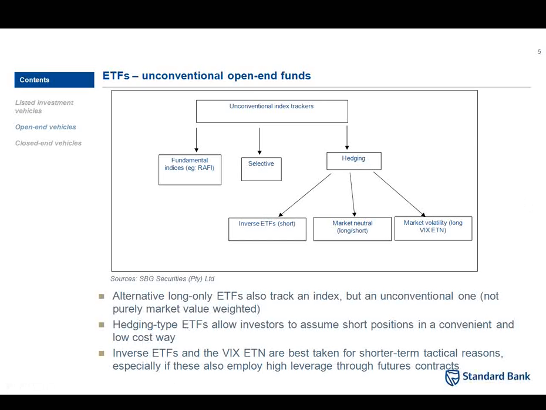These hedging type ETFs allow investors to assume these short positions, which often are very difficult and a big hassle, especially for a smaller investor to do. And I think to bear in mind as well is that for most of the inverse ETFs, and especially for the VIX ETN, or exchange traded note, they're best taken for shorter term tactical reasons, rather than taking a very long term position in them, especially if they take on extra high leverage through futures contracts.